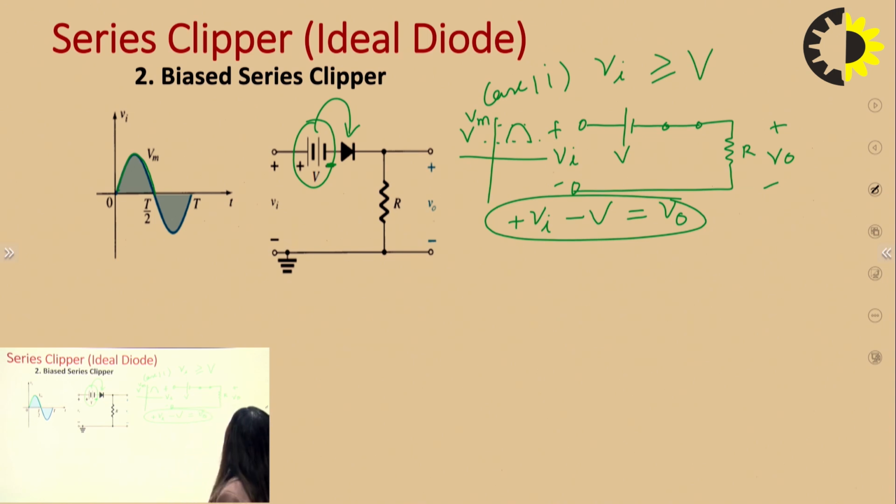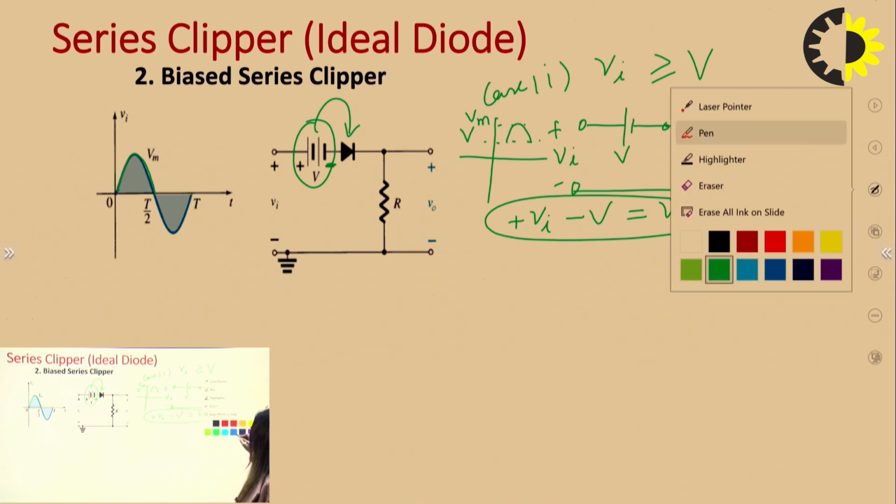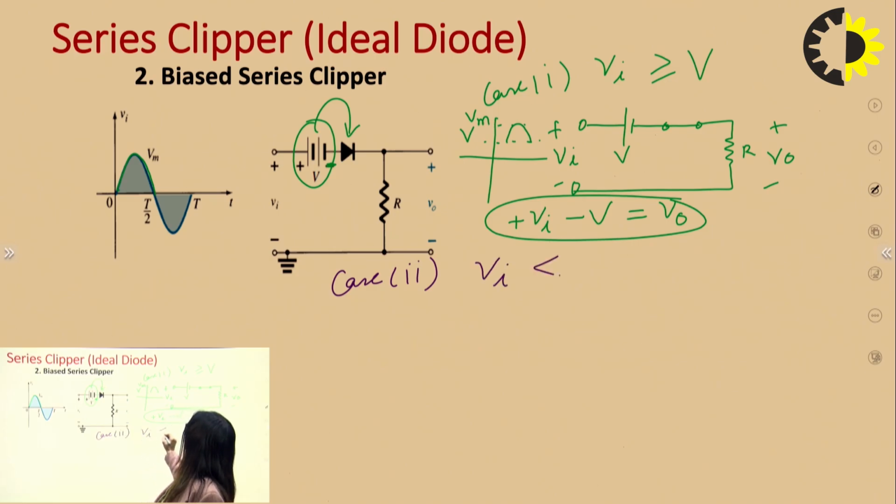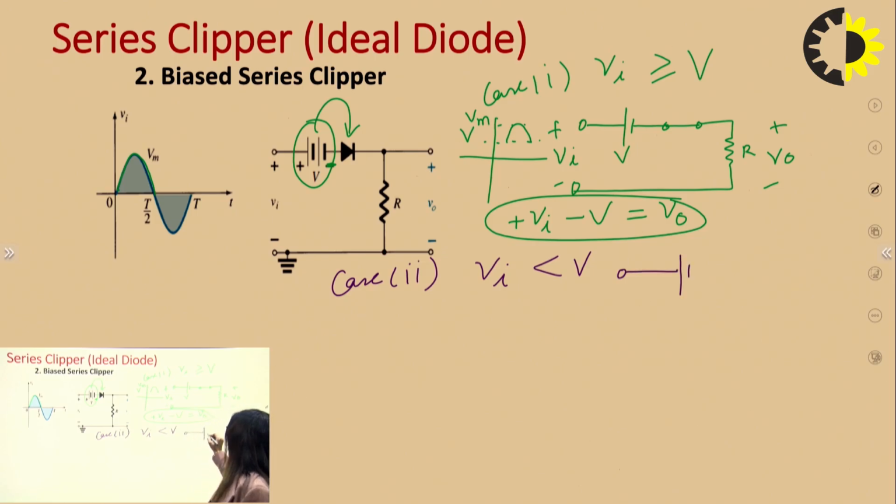And let's say case 2, when Vi is less than V, the diode is in the reverse mode, and this is this particular part of the waveform.